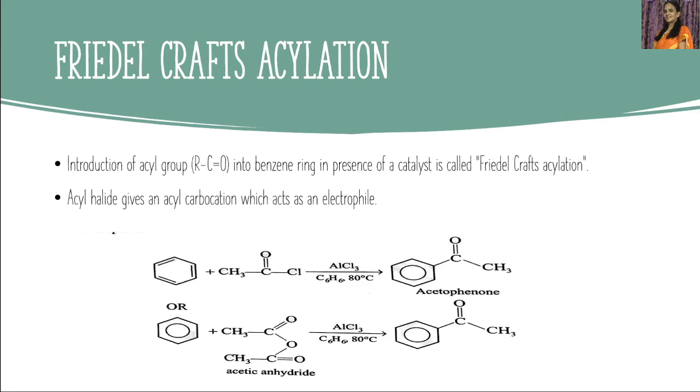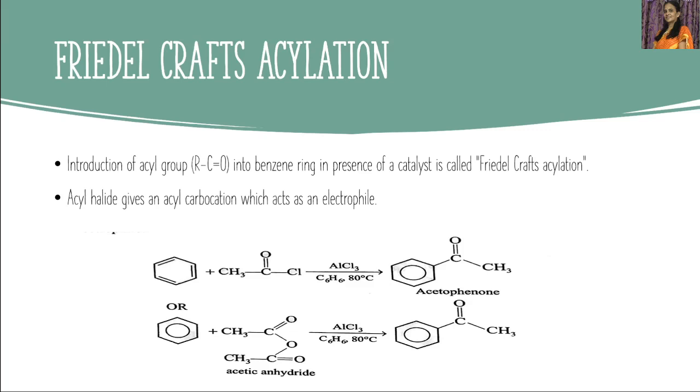Okay. Now let's see the example here for acylation reaction. Benzene. This is acetyl chloride, CH3COCl. This is the acetyl group. This is chloride, acetyl chloride.